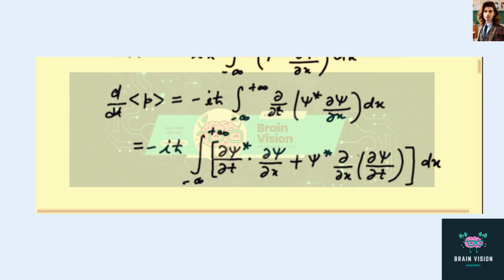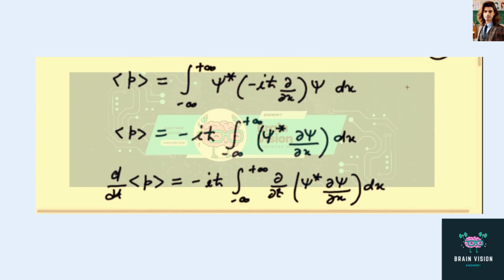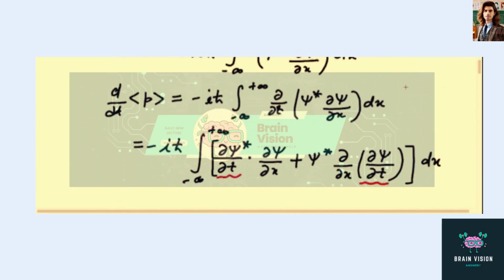Now substitute the value of del psi by del t and its complex conjugate, using equations 2 and 3, that is with the help of the main equation.